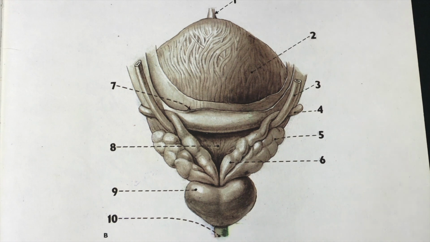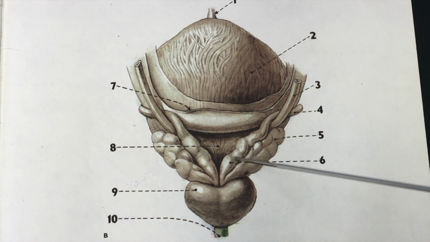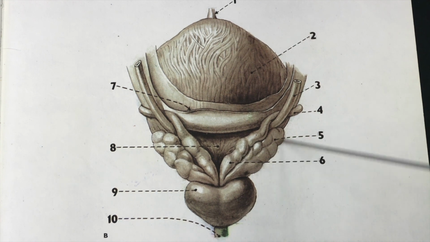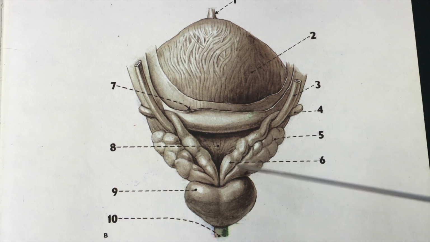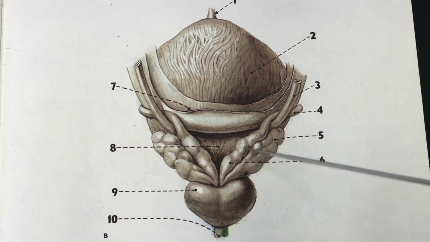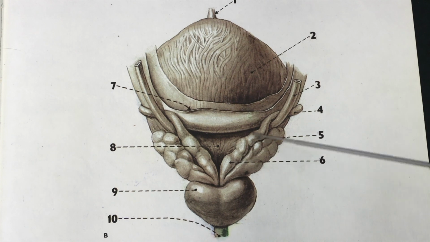So it's very important to recognize in the dissection or in the picture, because they have a similar shape. The seminal vesicle is located laterally from the ampulla of the ductus deferens, which is the end part of the pelvic part of the ductus deferens.